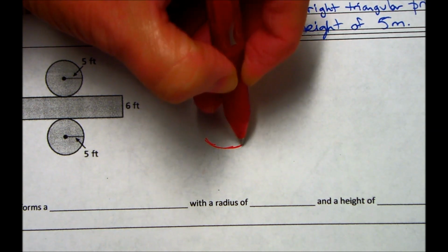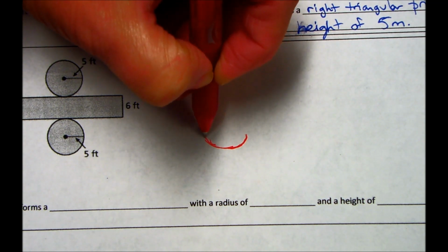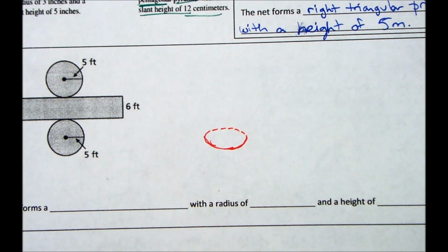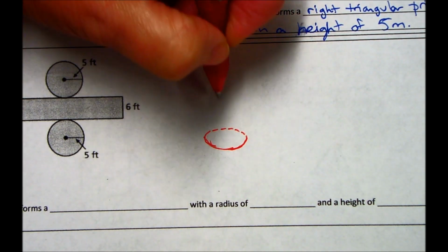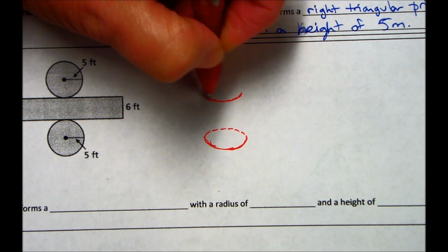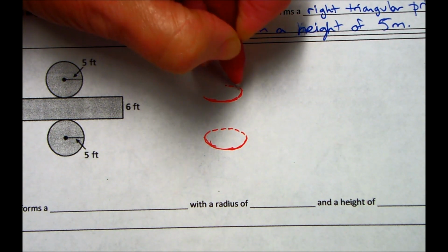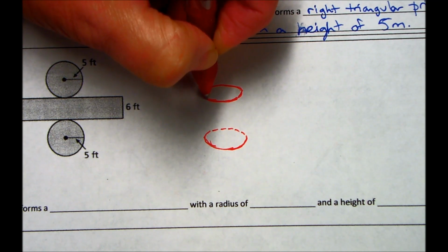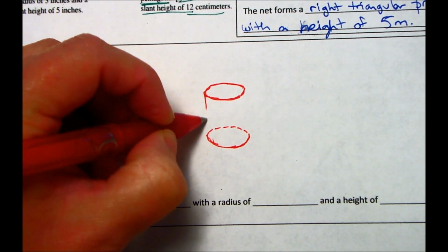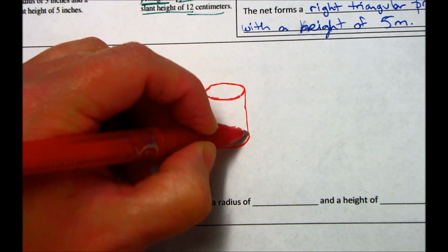So I'm going to draw my half circle, and then I'm going to draw this dotted line for the back of it, and then up above it I'm going to draw another half of an oval, and actually the back side, since it's the top, will be seen. And then I'm going to connect each of the edges here.